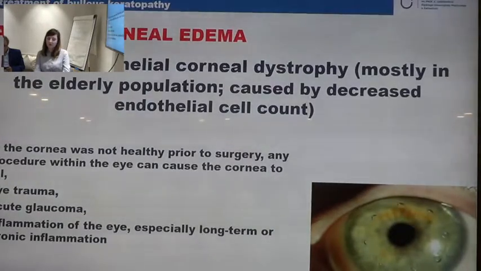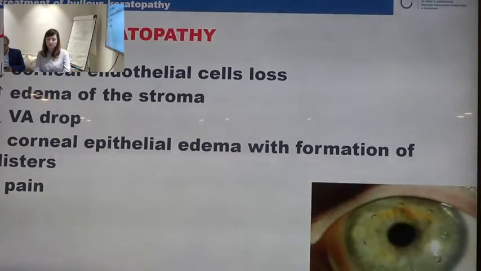Other causes of corneal edema include corneal failure after eye surgery, eye trauma, acute glaucoma, and chronic inflammation. Bullous keratopathy is the end stage of corneal edema.